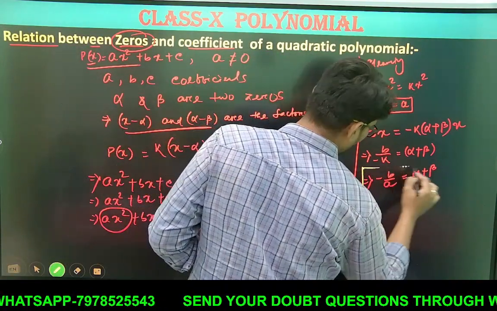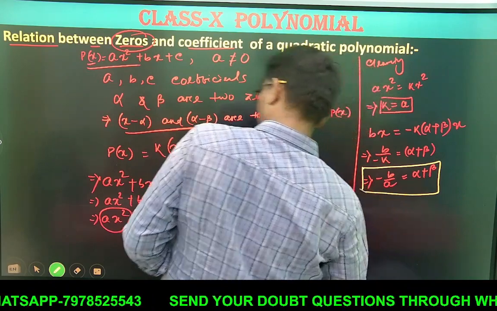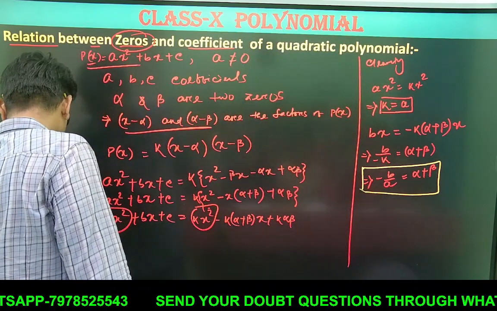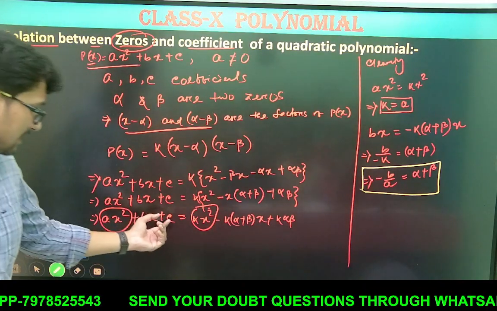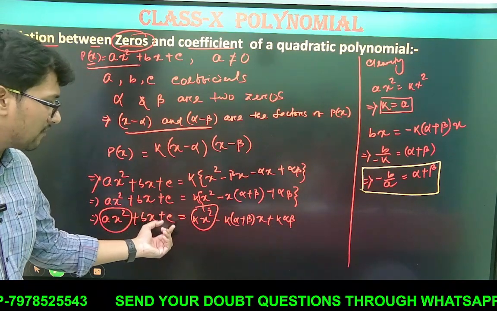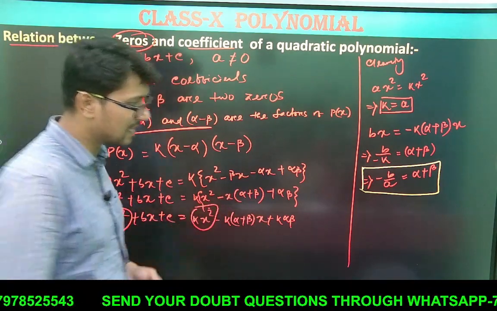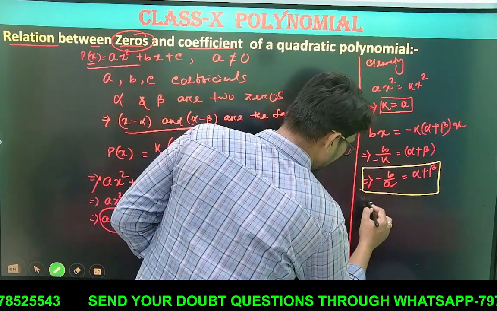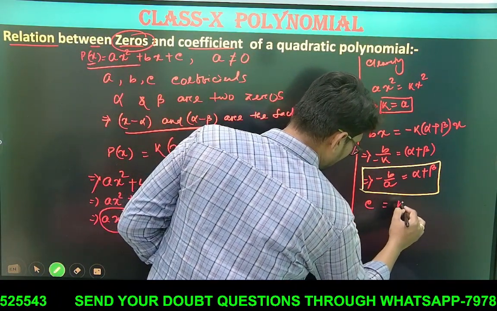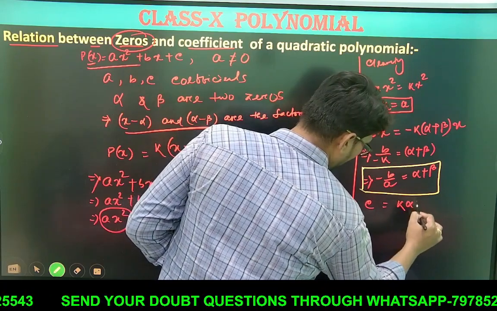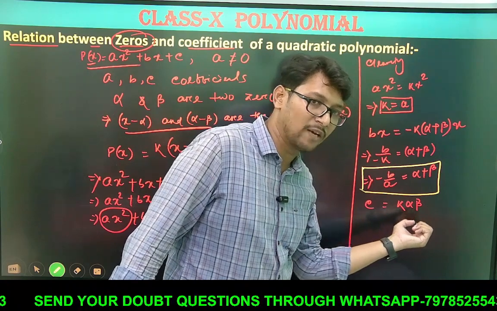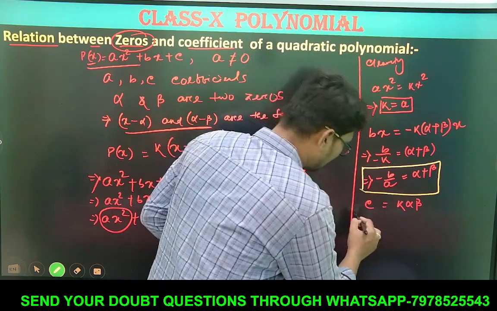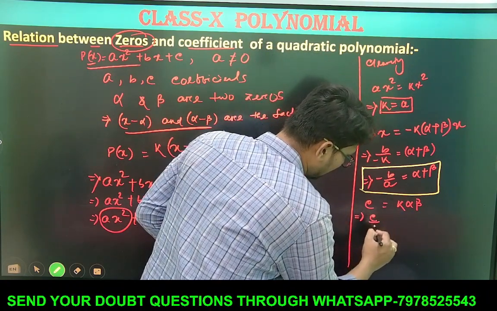One more relation we are going to find. Who can say what the next relation is? Check, which one have we not equated? C and the constant term. So c equals k alpha beta. Here alpha and beta are the zeros. So c by k equals alpha beta.